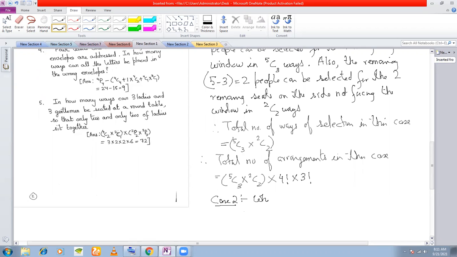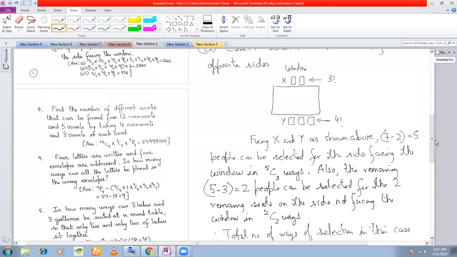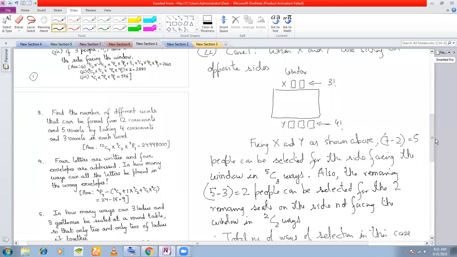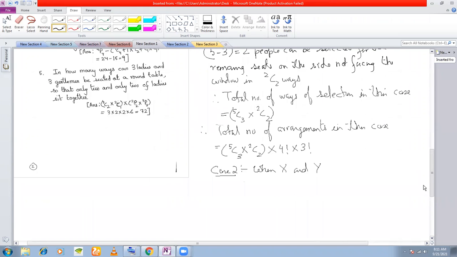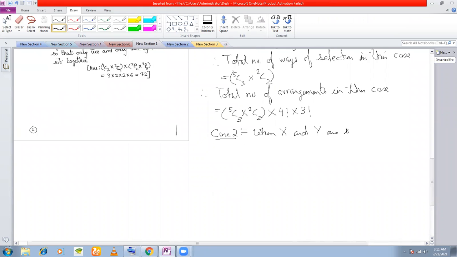When X and Y can not only sit in this way, but also the other way. That is, in place of Y, X can sit, and in place of X, Y can sit. Therefore, when X and Y are sitting on opposite sides, in this case we have this table.